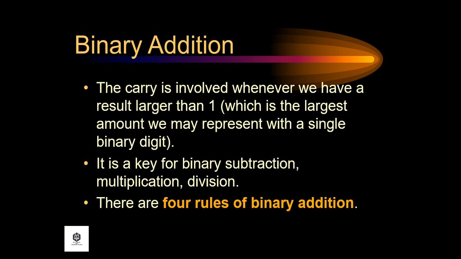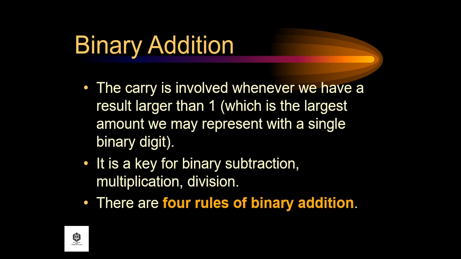The carry is involved whenever we have a result larger than 1, which is the largest amount we may represent with a single binary digit. It is a key for binary subtraction, multiplication, and division.